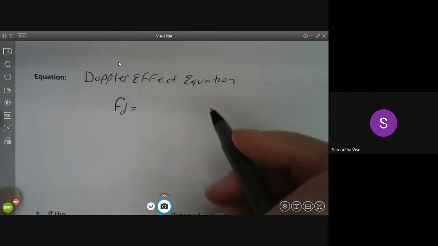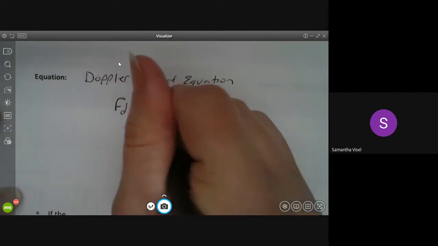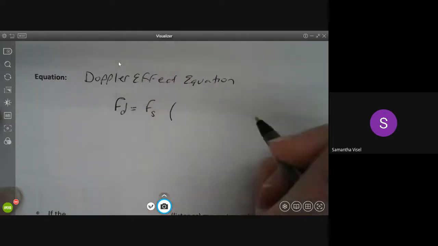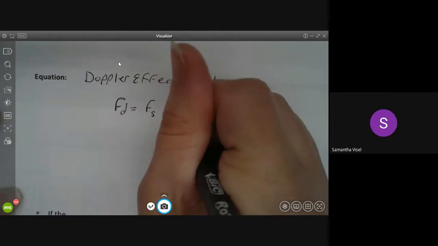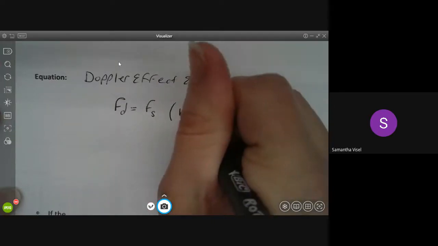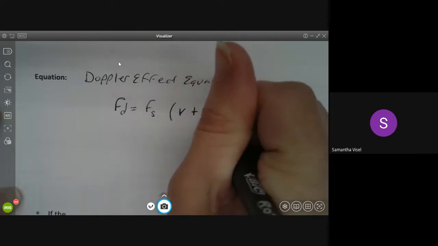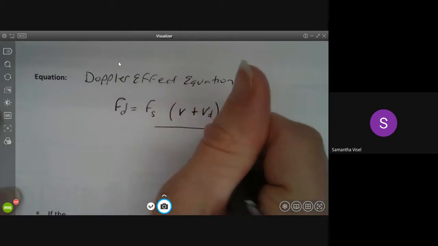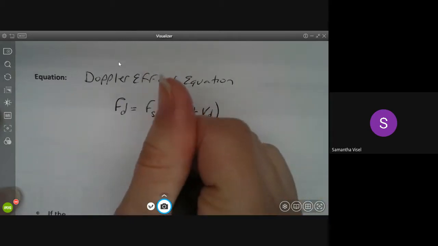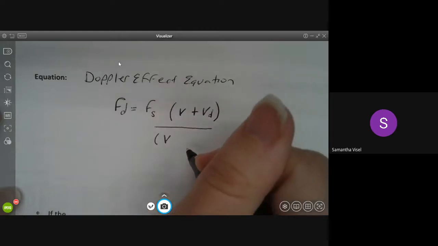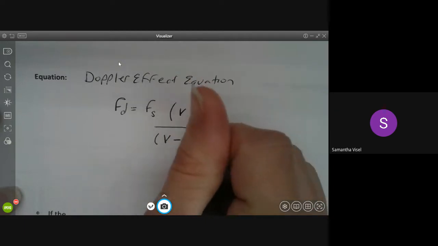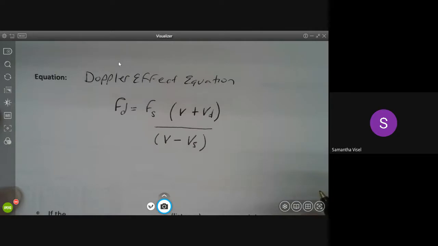So F subscript D is equal to F subscript S, then a parenthesis, V plus V subscript D, close parenthesis, over parenthesis V, and then down here we're going to put a minus, and then V subscript S, close parenthesis.